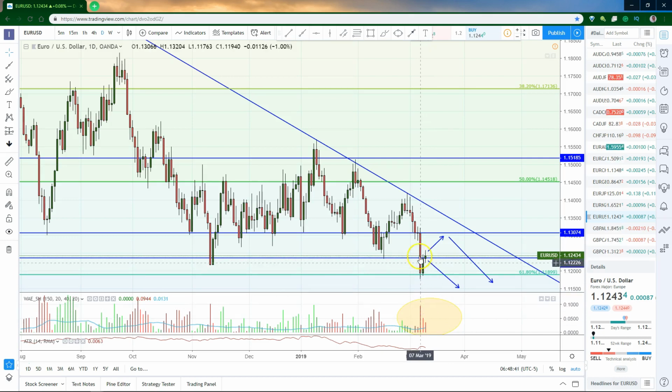Okay, so this move down was heavy volume. These pullbacks are continually reducing volume. You can see this move down right here happened with increasing volume. When it finally hit this low and started to push back up, volume reduced until it was under the line.